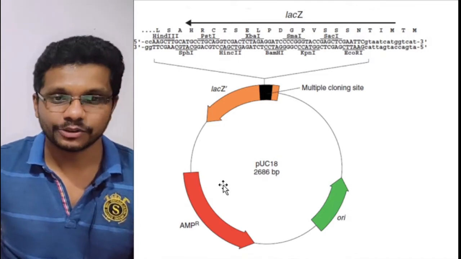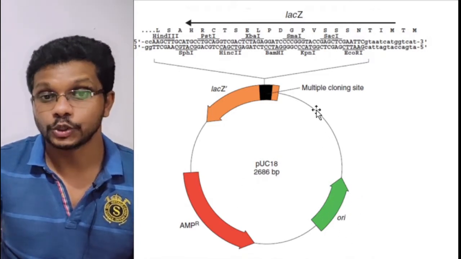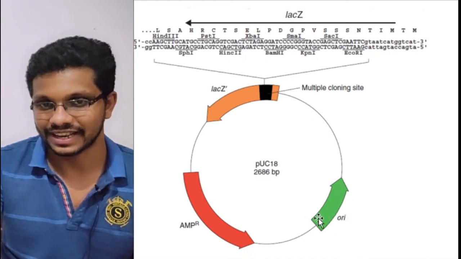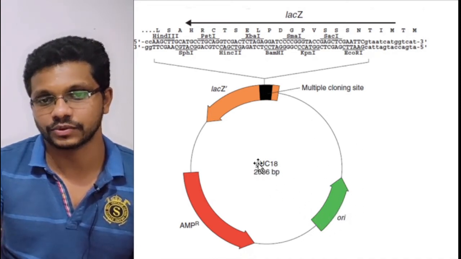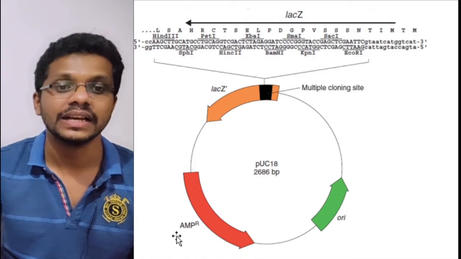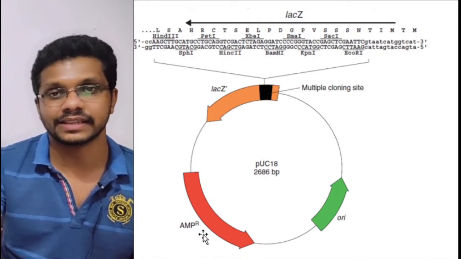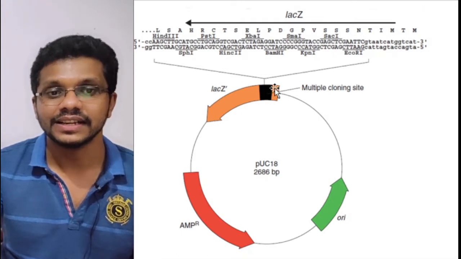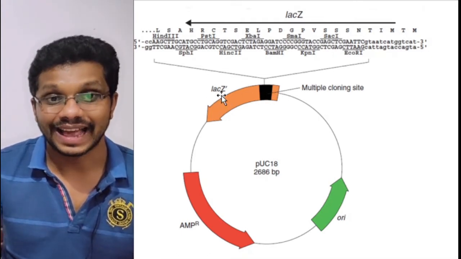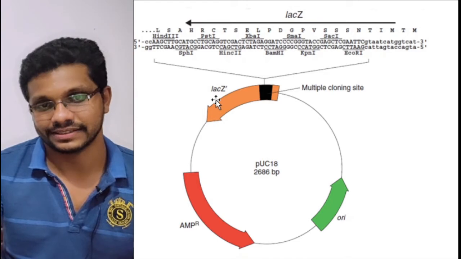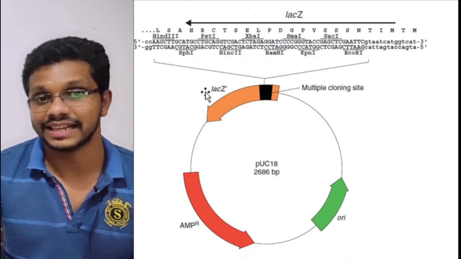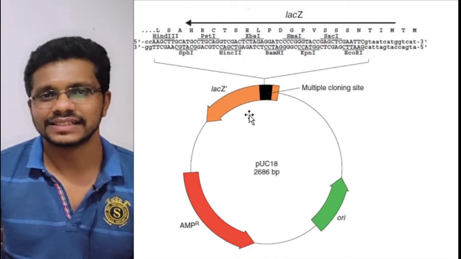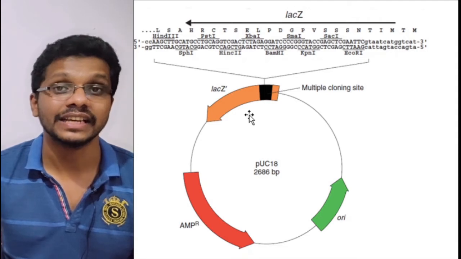And if you look at the genes, it has the ORI, but it does not have the ROP gene. So one reason for the reduced size is the loss of ROP. Then it has the ampicillin resistance gene, same as pBR322. And instead of the tetracycline resistance gene, it has something else. It has the lacZ' gene, lacZ dash. This lacZ' is a gene from the lac operon.